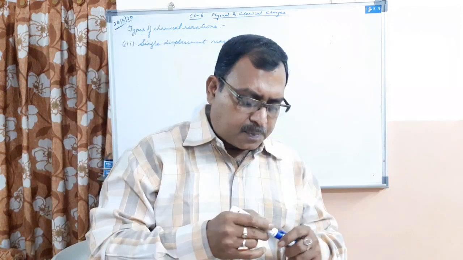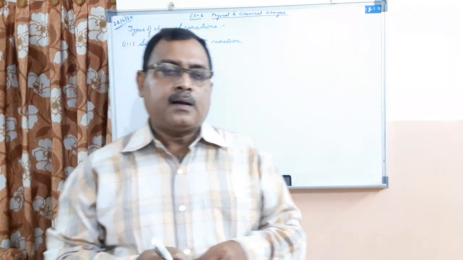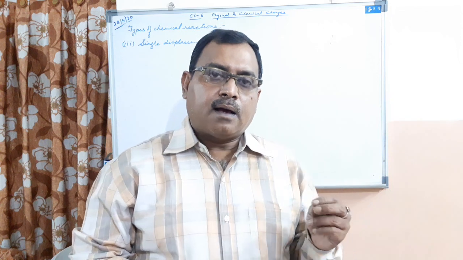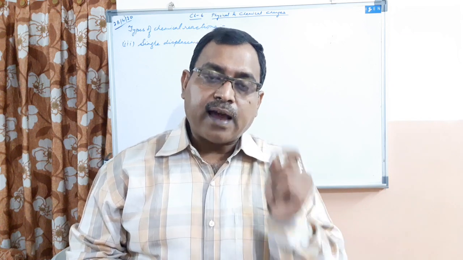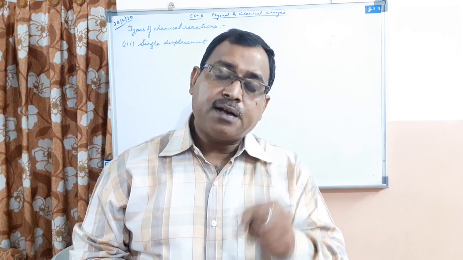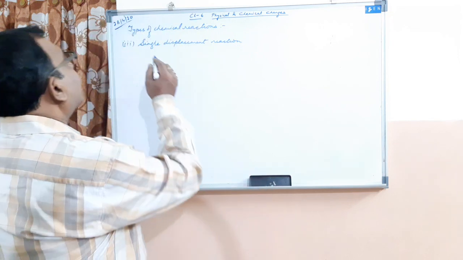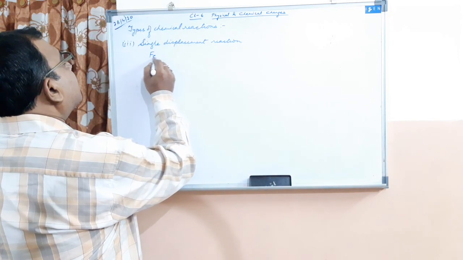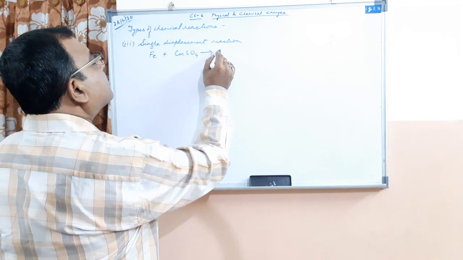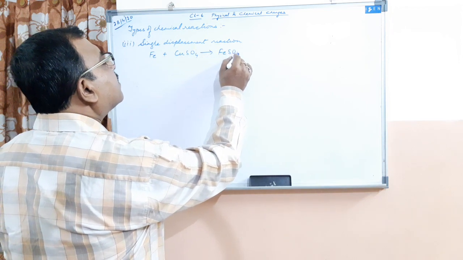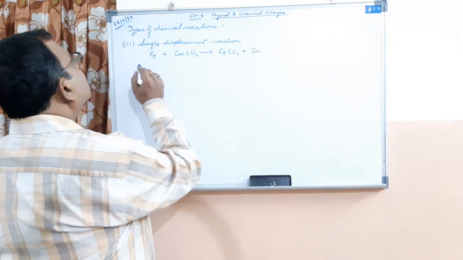In single displacement reaction, a more reactive metal displaces a less reactive metal from its salt solution. Clear? For example, iron plus copper sulfate gives rise to iron sulfate plus copper.